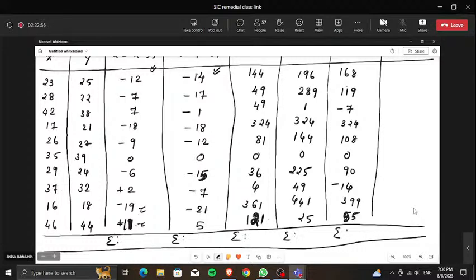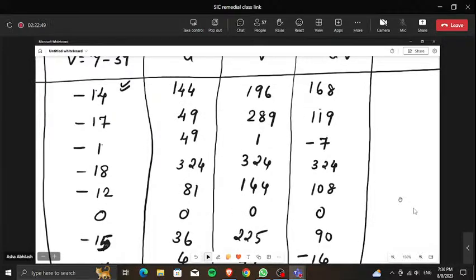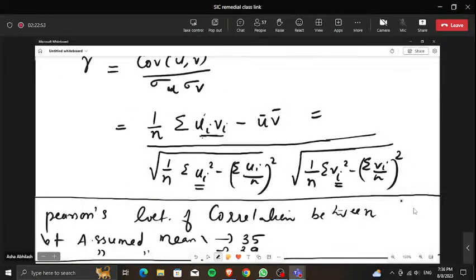Now we have to find the summation of everything, because you have to apply these values in this formula. This is your formula. So in that we require summation of UiVi.